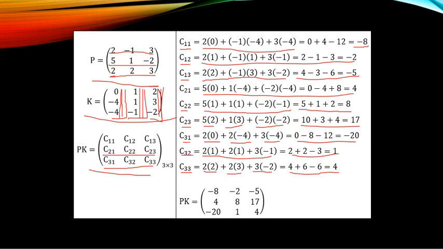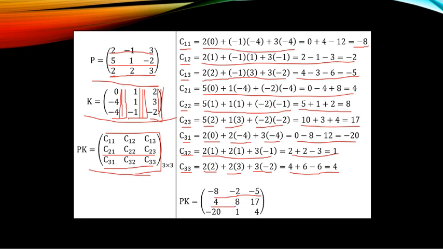So at the end, you replace each entry with what it stands for in the solution. C11 is -8. C12 is -2. C13 is -5. C21 is 4.